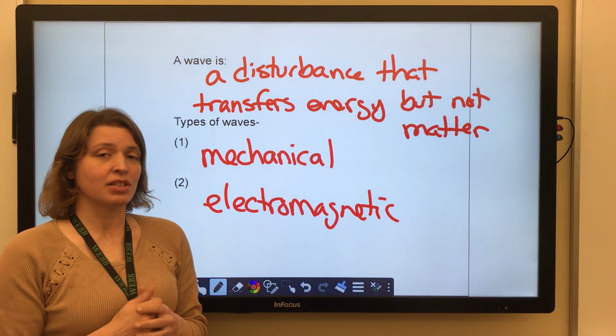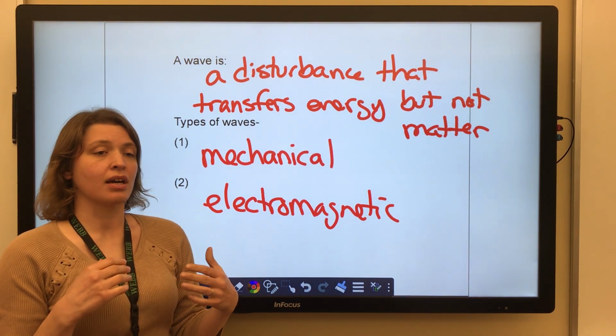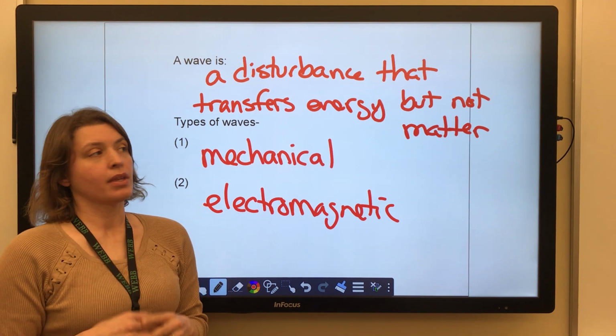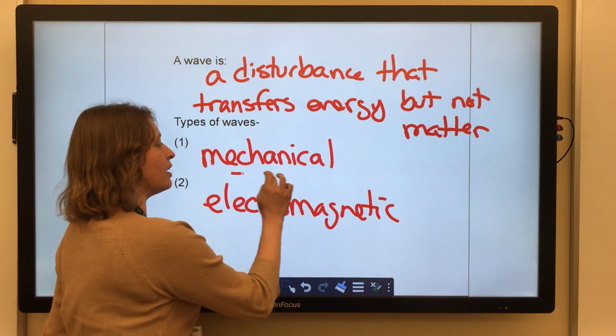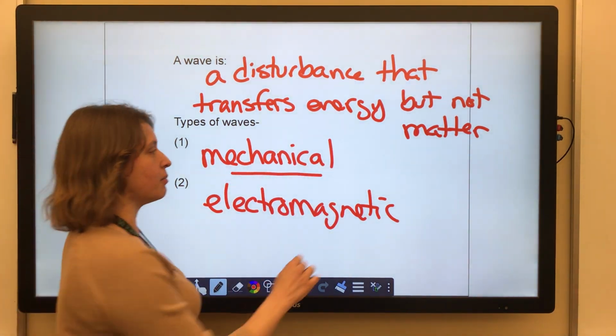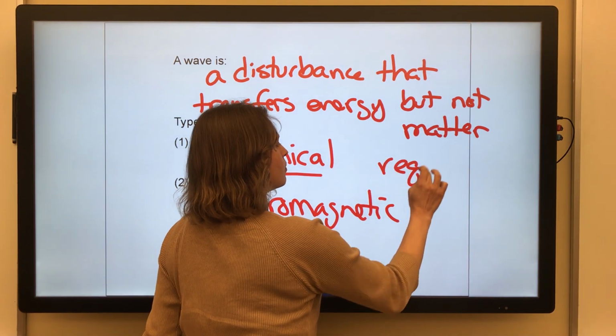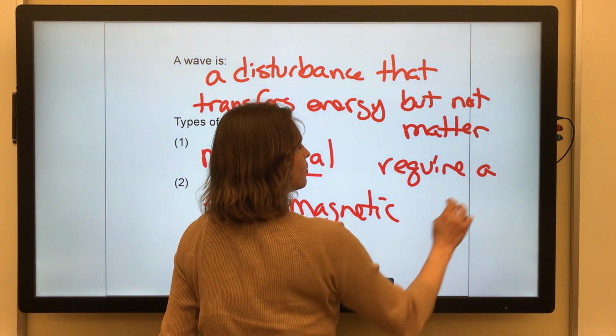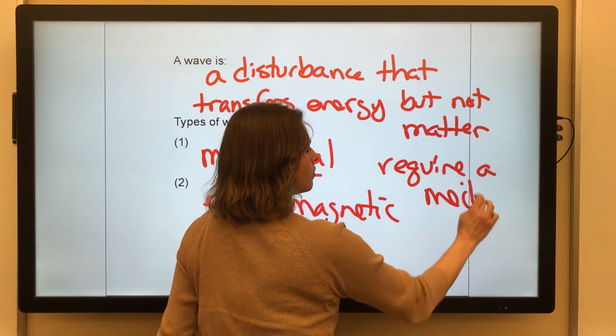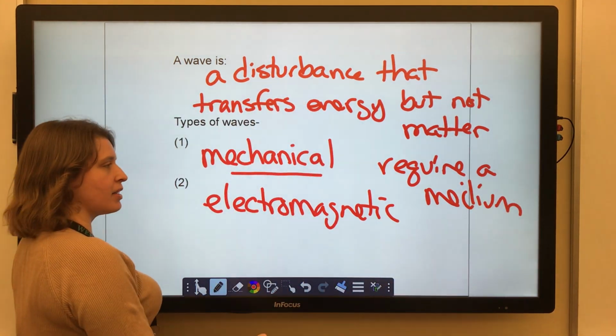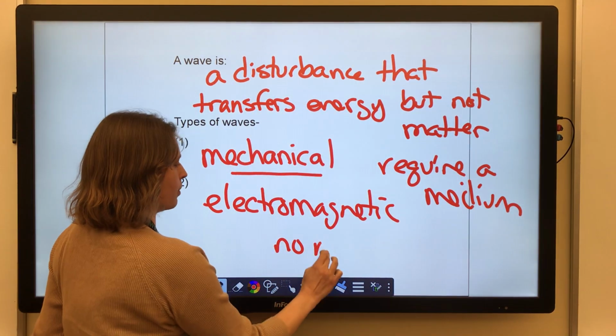It has completely to do with how they travel. Mechanical waves require a medium. Electromagnetic waves, no medium.